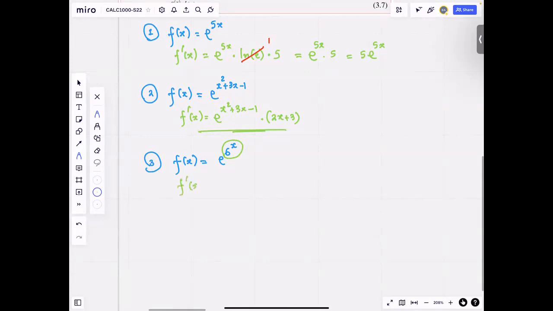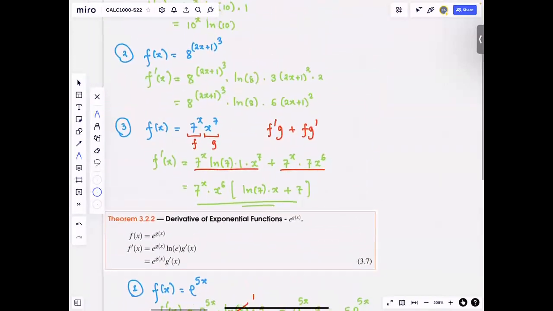So f prime of x is equal to, the first thing we do is copy the function as it is. And then the second part is to do the derivative of the function on top. But if you look carefully, you will see that the function on top is also an exponential function. So I'm going to have to use the first rule that I gave you before.